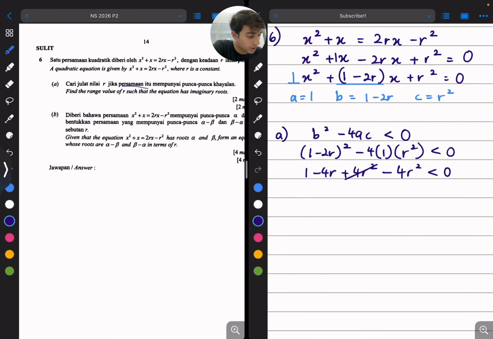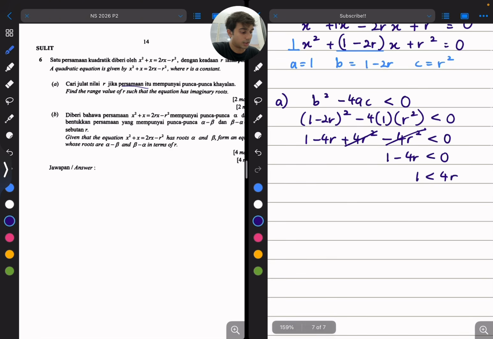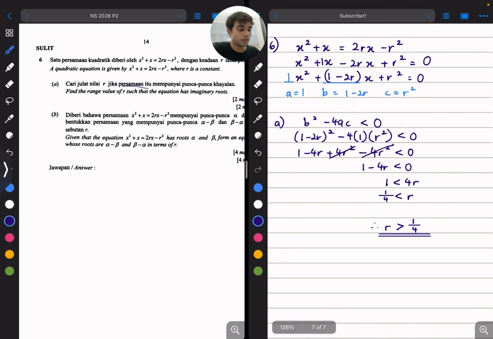So plus 4r square minus 4r square cancels off. 1 minus 4r less than 0. 1 is less than 4r. So 4 you bring here back, it will become divide. So 1 over 4 is less than r. So I can rewrite it and say r is more than 1 over 4. Done.